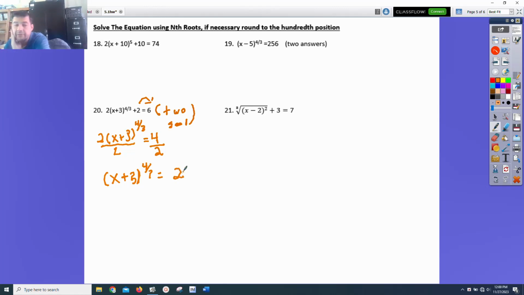Now the opposite of the 4/3 power, and yes, that's a 3, you wouldn't know it, is the reciprocal, which is the 3/4. And if you raise the left to the 3/4, you had best raise the right to the 3/4 power. Anyways, that frees up x plus 3.